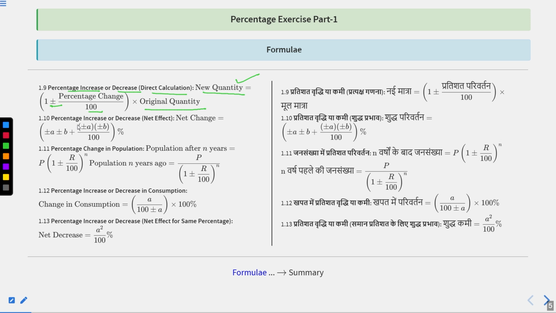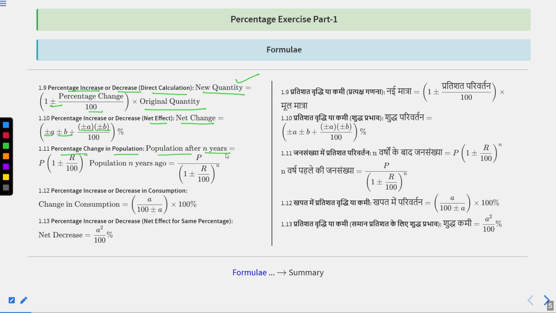Next, percentage increase or decrease, net effect, net change. How is the percentage net change calculated? The net change will be plus or minus a, plus or minus b, plus or minus a multiplied by plus or minus b upon 100. Next one is percentage change in population.